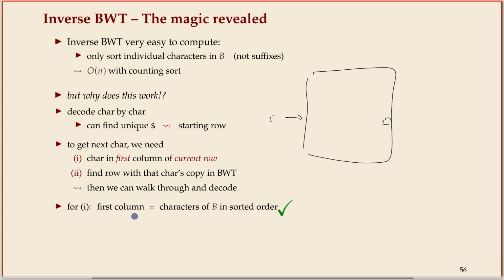Now the first column is all the letters in the source text, which is the same as all the letters in the BWT in sorted order. So we can just look in the sorted list, what is the ith character? No magic needed, we can just sort the characters. And the list of pairs had the characters sorted. Right? That's exactly what we did.